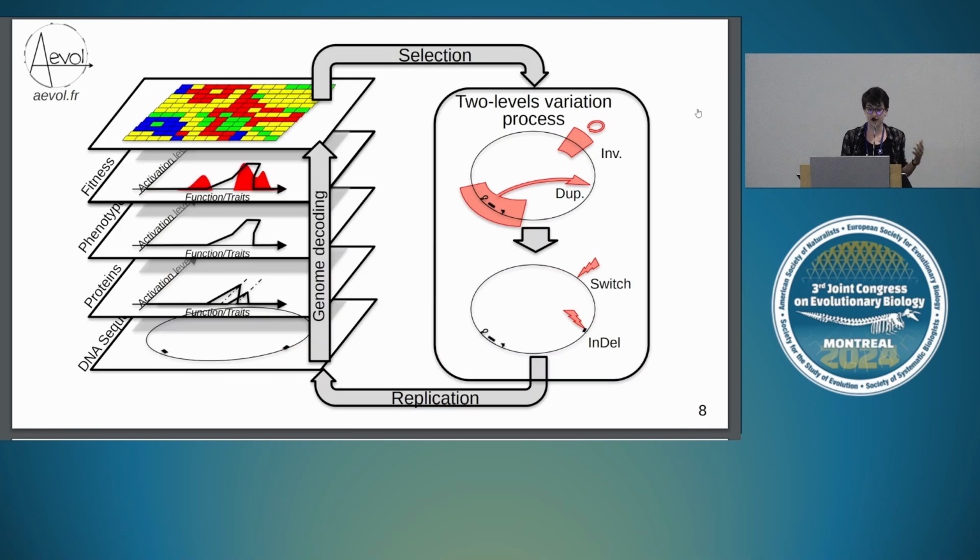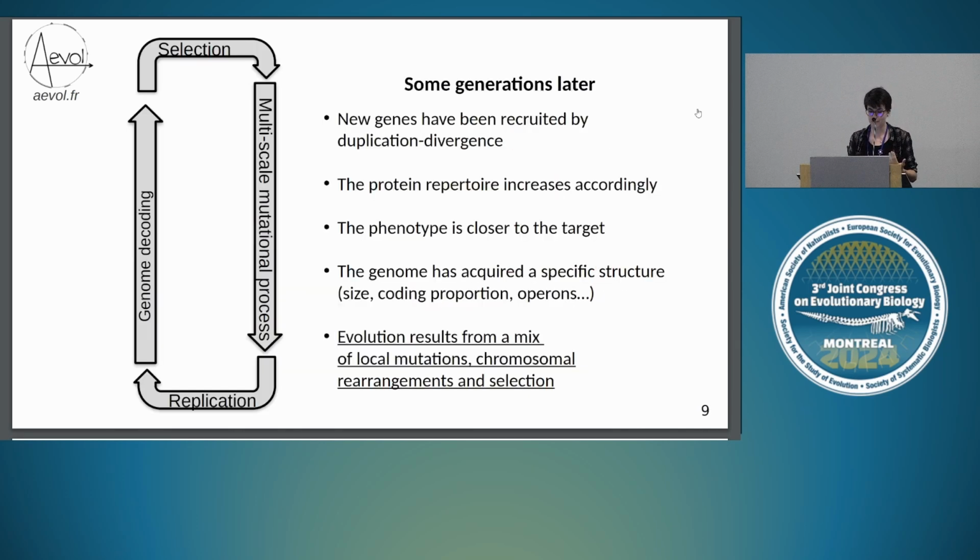So then we can decode that genomic sequence again. We have a second protein, we have a different phenotype, a different fitness, and we can have evolution. So when we do a few loops like that, we get new genes that are recruited by duplication divergence. The protein repertoire increases over time, the phenotypes get closer and closer to the targets, and the genome can acquire a specific structure.